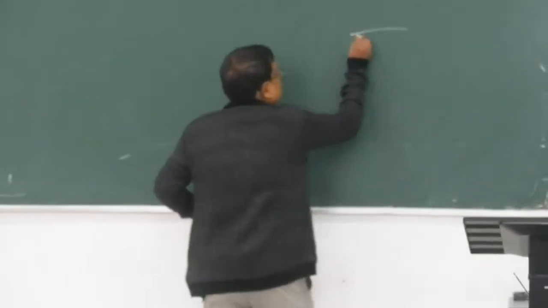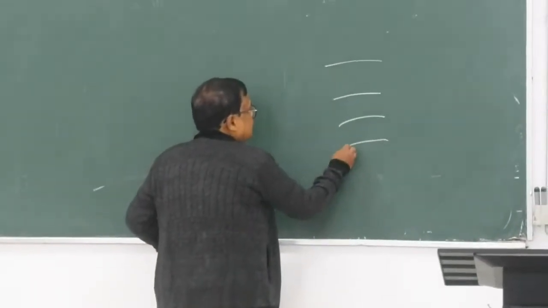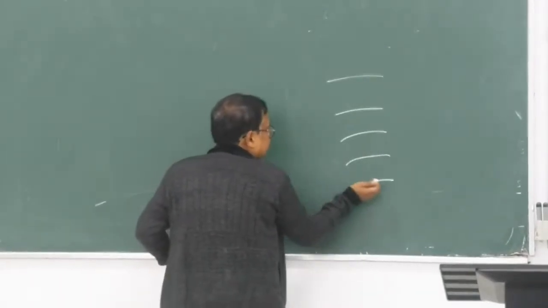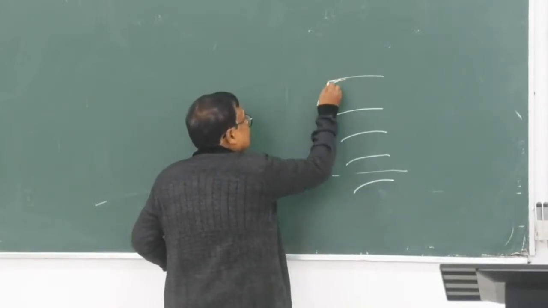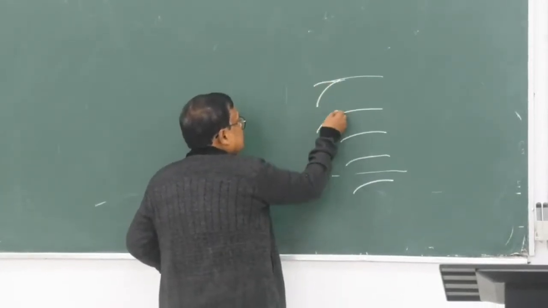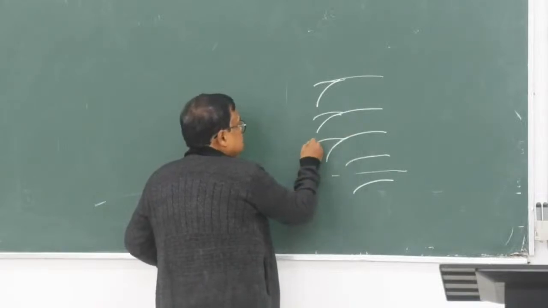I gave the detail in the last class. So L1, L2, L3, L4, L5. L5 is not needed now. Each nerve divides into an anterior and a posterior division.